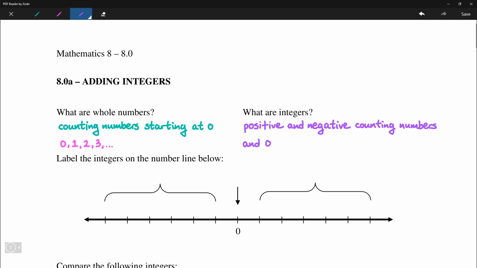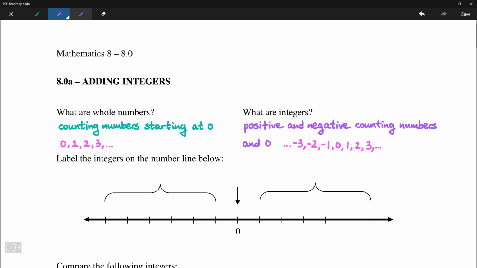So for example, it will look like, from negative infinity to, and then negative 3, negative 2, negative 1, 0, 1, 2, 3, and so forth.